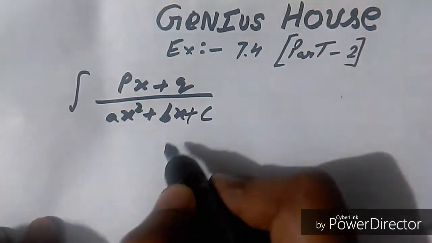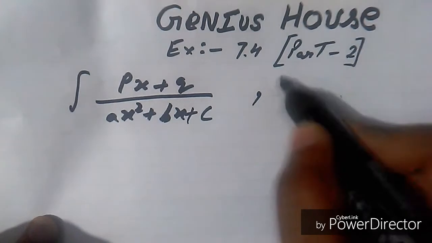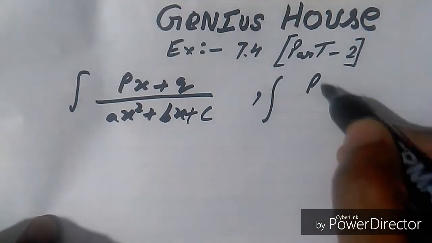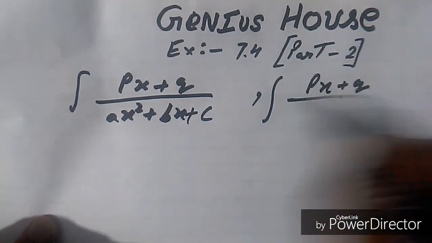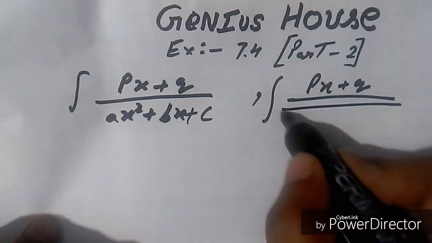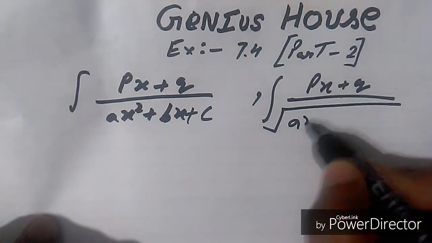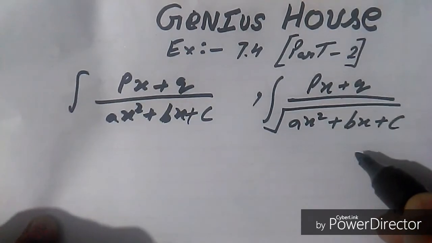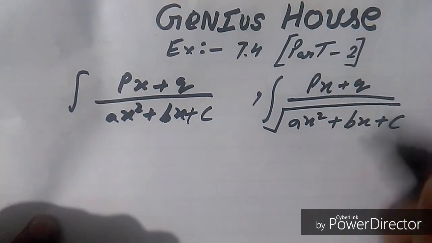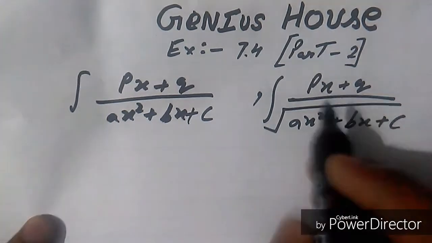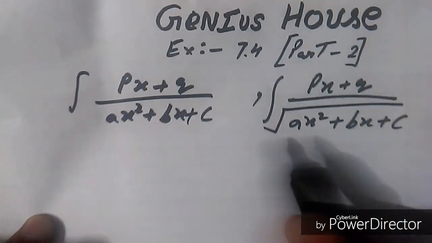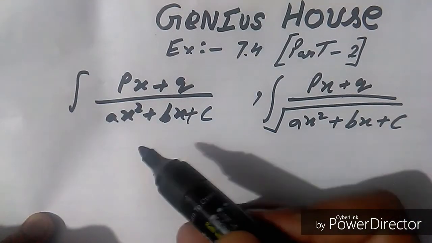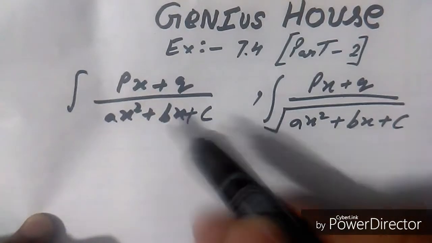Okay friends, and also (px plus q) by under root (ax square plus bx plus c). Those two types of exercise questions come in this exercise, and now we solve how to solve it.